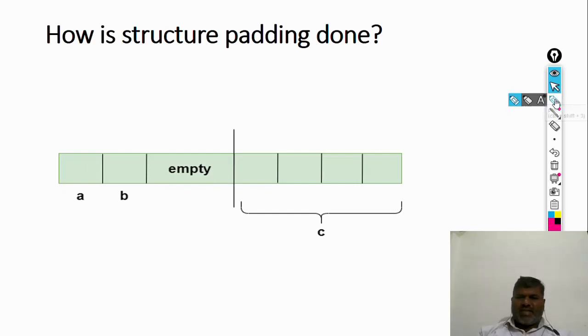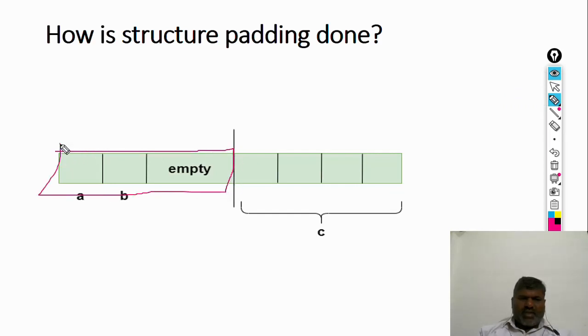In the first cycle it will read the first 4 bytes, and in the second cycle it will read the next 4 bytes. This complete integer is read in a single cycle. This is the advantage. But the drawback is that extra bytes of memory will be added. So that is why these 2 bytes are added: 1 byte for a, 1 byte for b, 2 empty bytes, and 4 bytes for the integer.